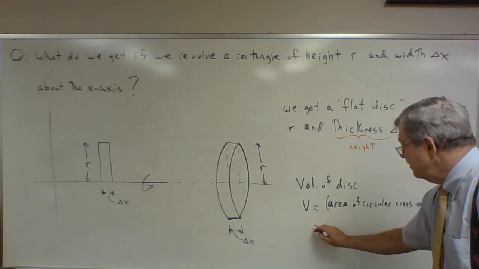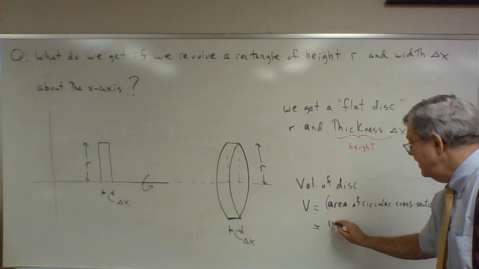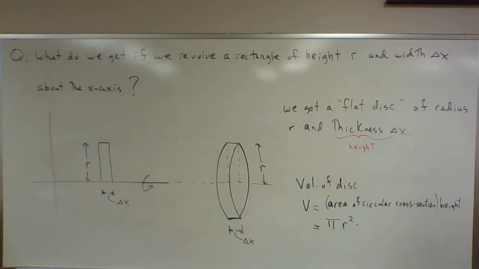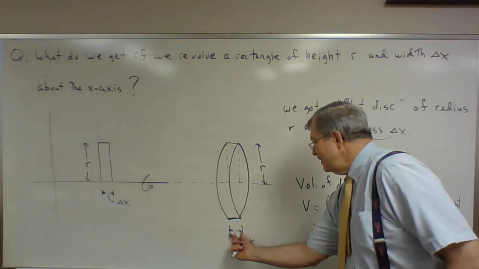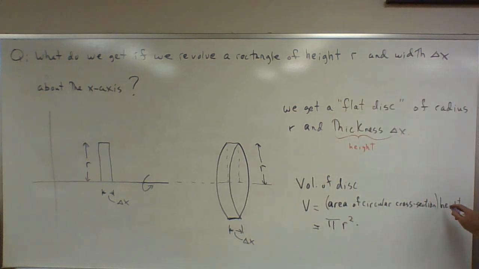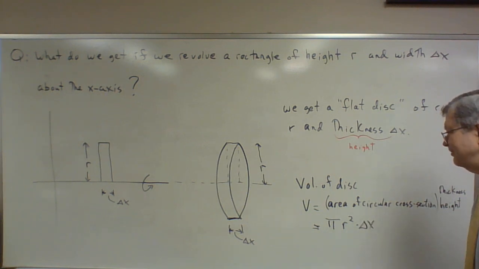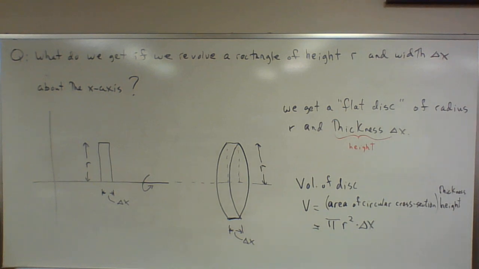The circular cross-section is pi r squared. And the height, or thickness, is going to be delta x. So let's beat that to death.